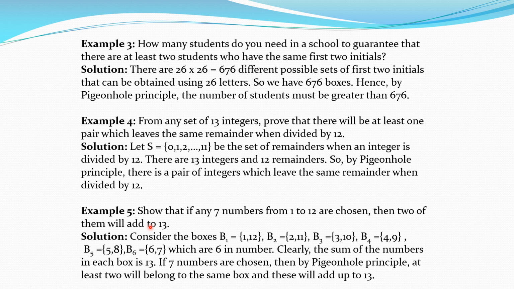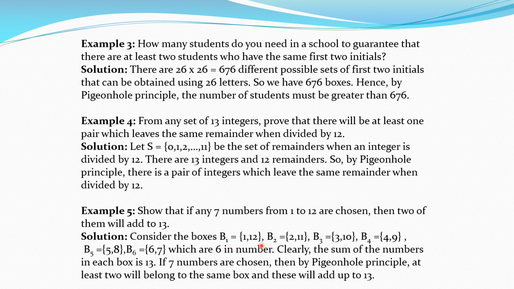Now here we are forming some boxes. See how we are forming the boxes. We form boxes containing two numbers from 1 to 12 whose addition is equal to 13. So first box is B1 which contains 1 and 12. Here we are selecting the first number and the last number because their addition is 13. Now the second box is the second number and second last number, that is 2 and 11.